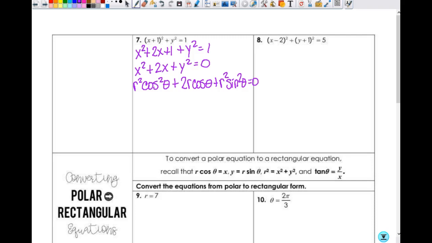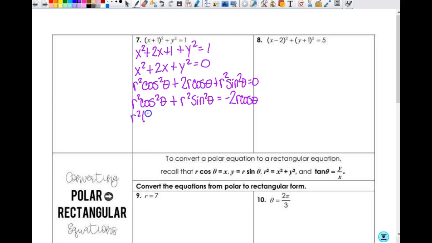So now I'm going to take everything that has r squared in it and leave it on the left-hand side. Everything that doesn't have r squared, I'm going to put it on the right-hand side. So this is going to leave me with r squared cosine squared theta plus r squared sine squared theta equals negative 2r cosine theta. On the left, I have a GCF again.